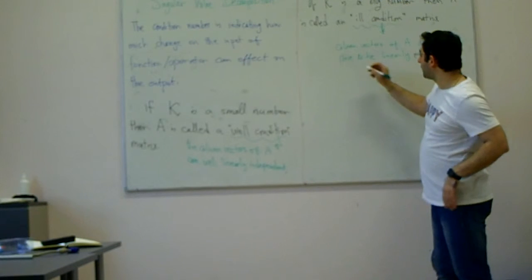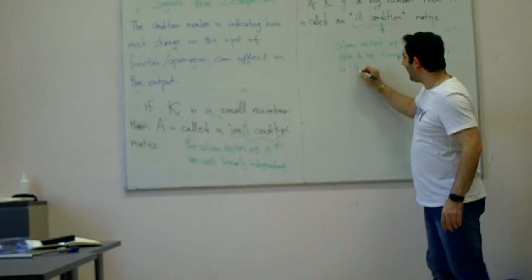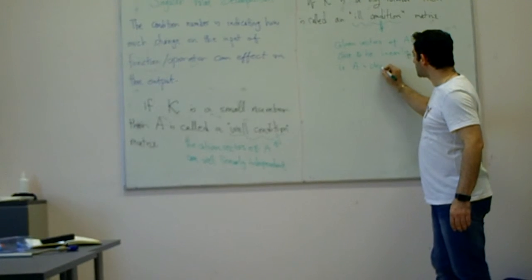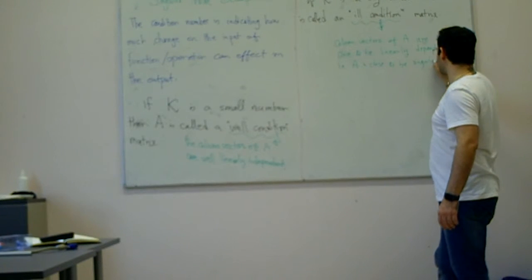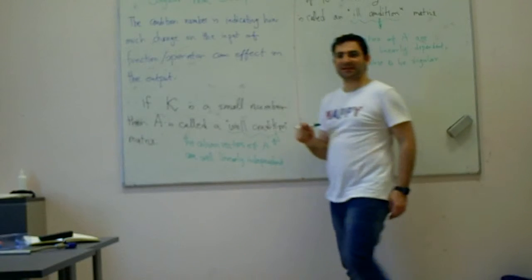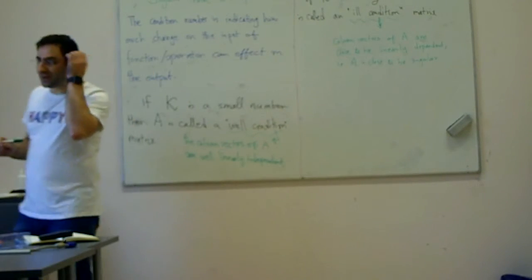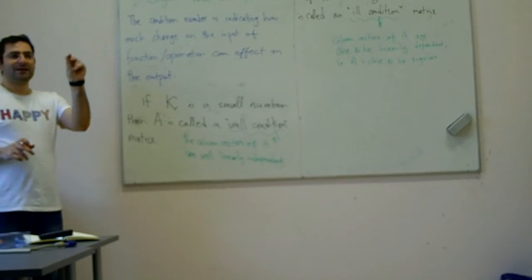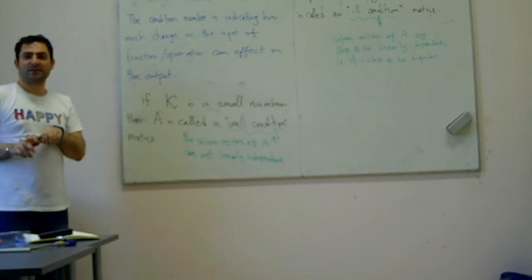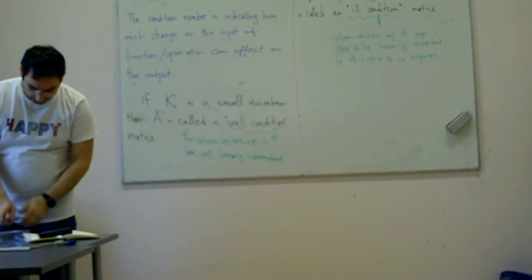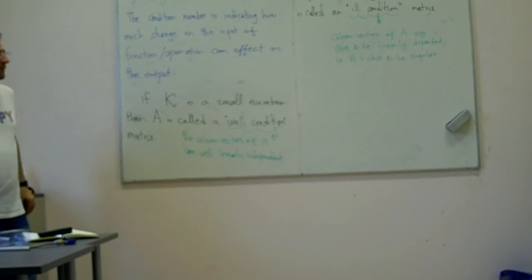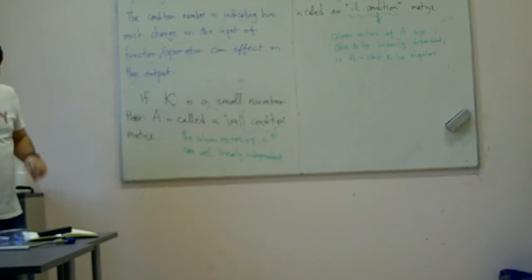Read in this form: A is close to being singular. It's not singular, but it's very close to being singular. Like you calculate the determinant, and the determinant will be, let's say, 0.001, so very close to 0. Do you know what will happen if the determinant is very close to 0?